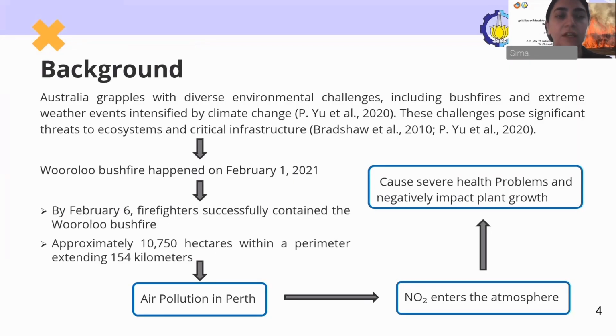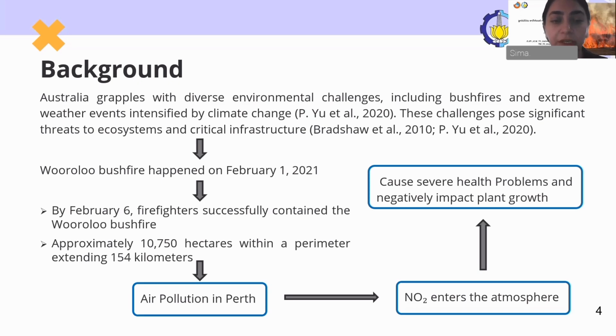As we all know, all over the world, including Australia, is grappling with diverse environmental challenges, including bushfire. The bushfire that happened in Australia was a world bushfire that happened on 1st of February 2021, and it continued till 6th of February 2021, and it burned an area of around 11,000 hectares.